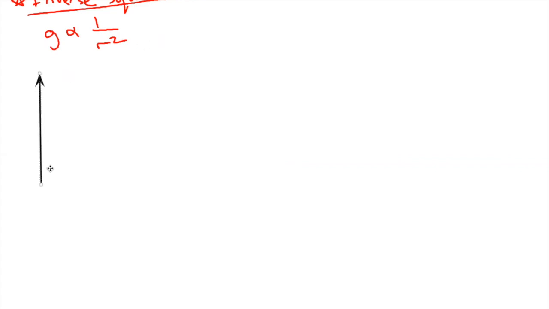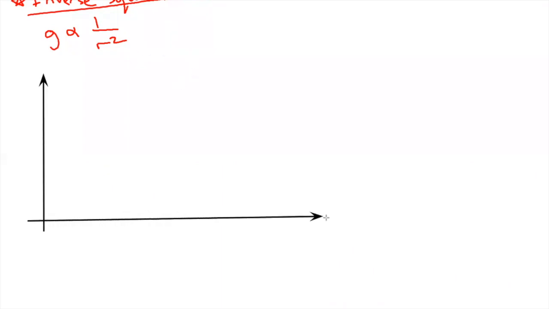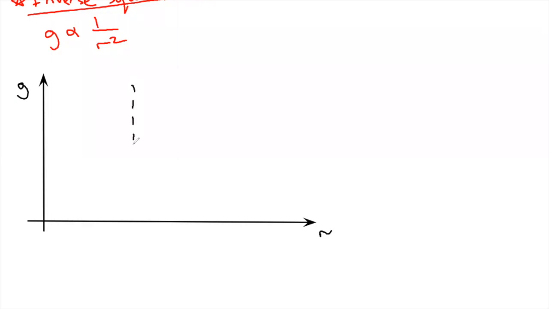Here we go, we have R and we have G. Let's make a dotted line here. Why am I making a dotted line? Because this dotted line is the SOP, the surface of the planet.